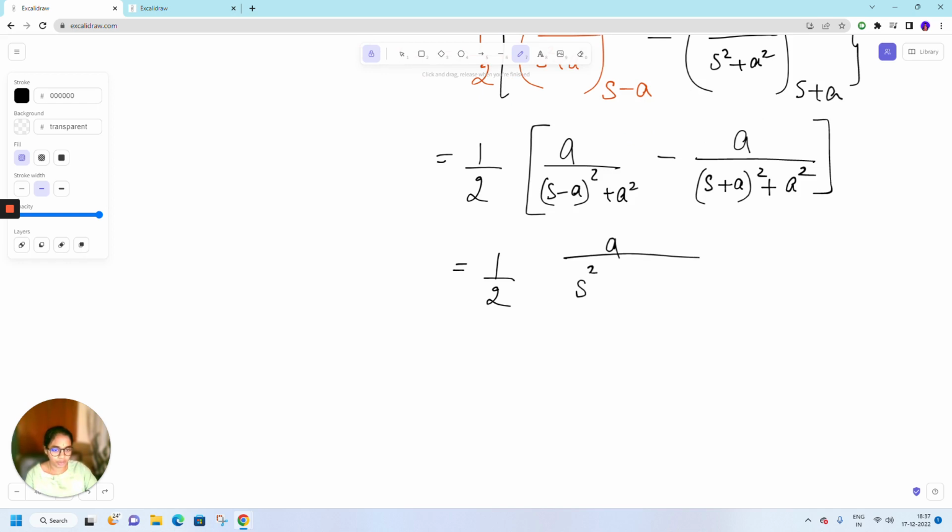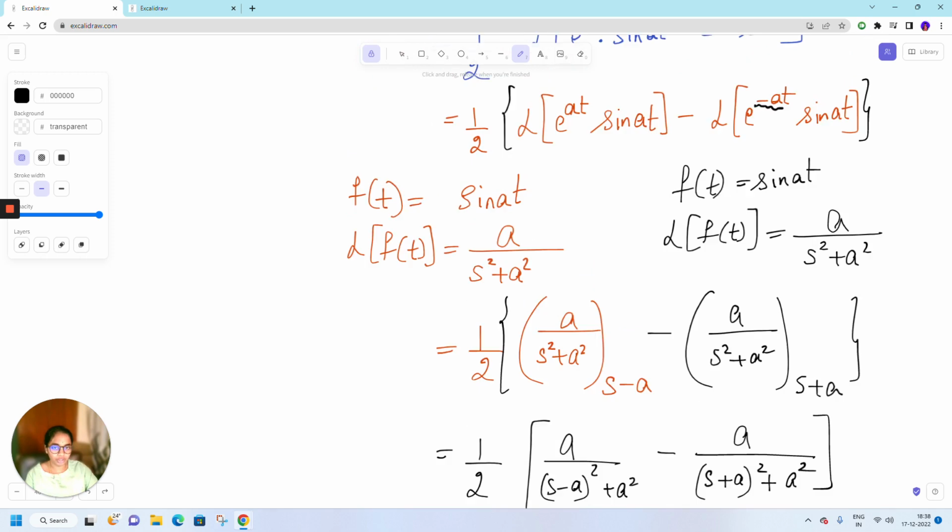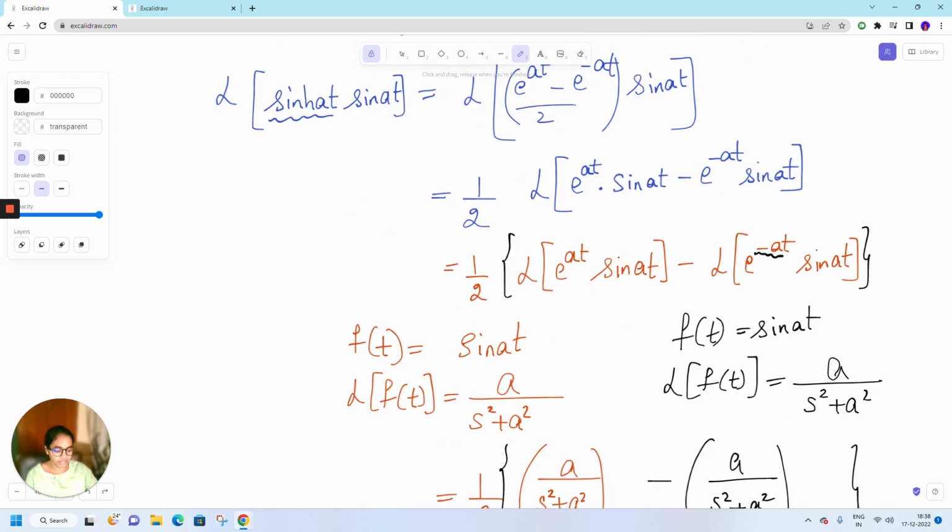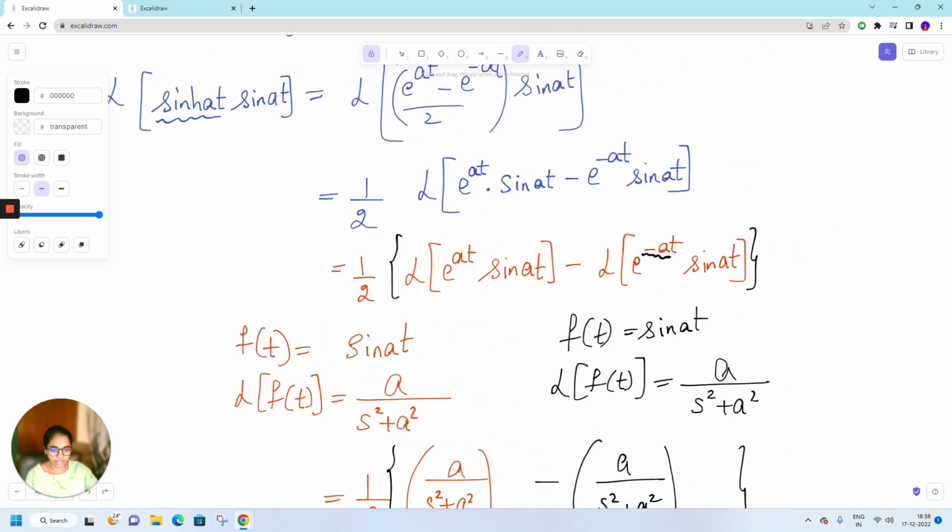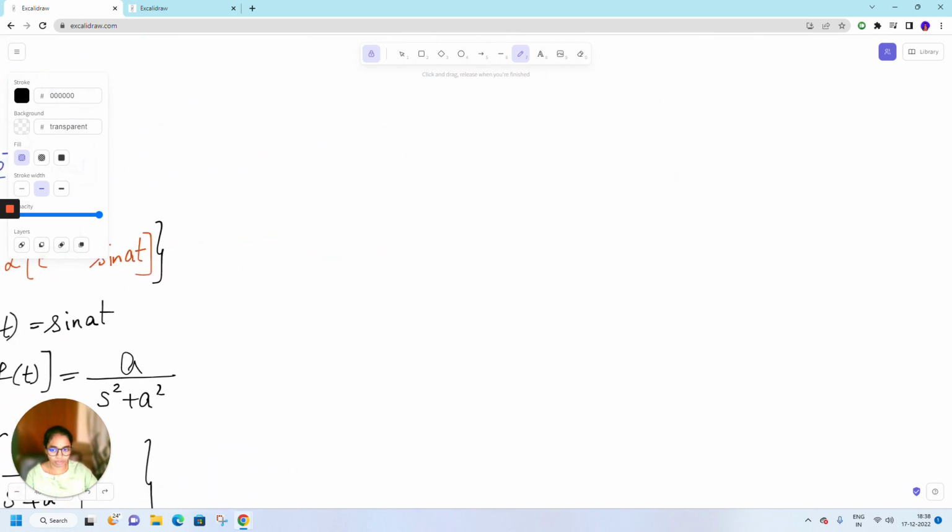I would get s square minus 2as plus 2a square, minus a divided by s square plus 2as plus 2a square. You can take LCM and simplify this term. Moving on to our next question.